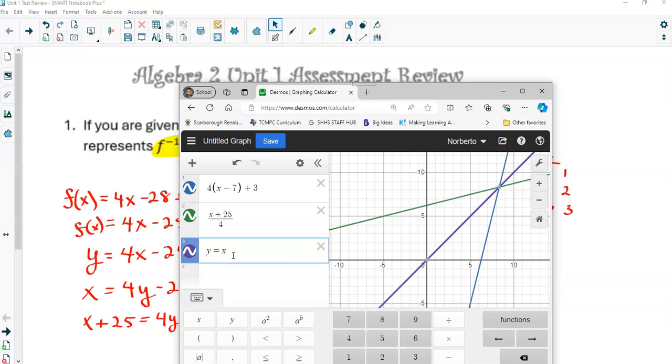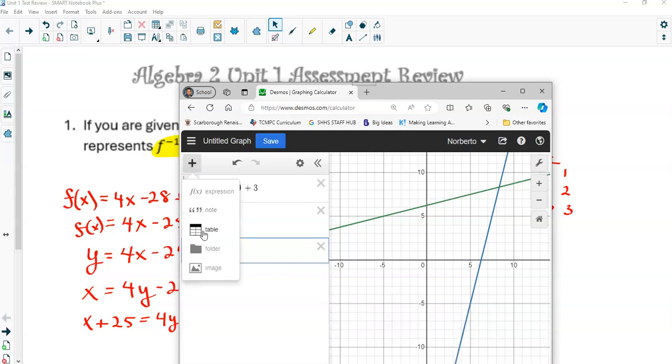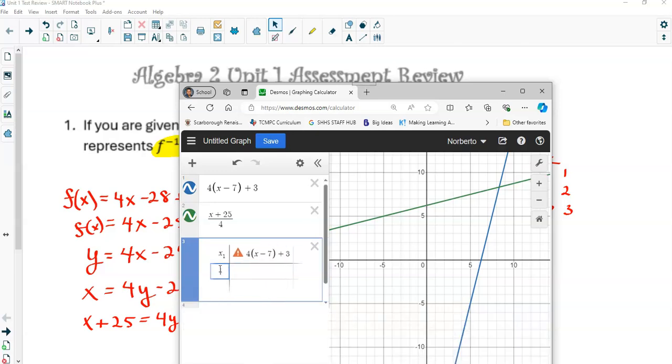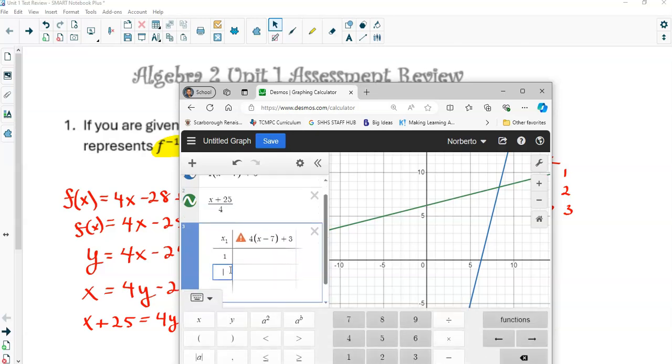If you want to create a table, just hit the plus sign and add a table. Instead, you want to put this function. Copy this function with Control C, and then go here, Control V. Once it's there, put the values 1, 2, 3.